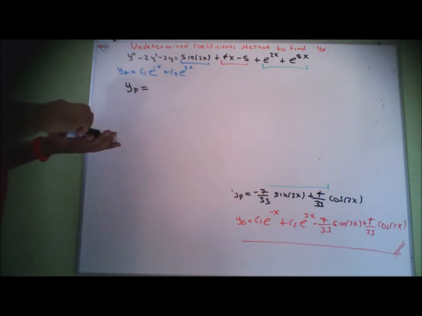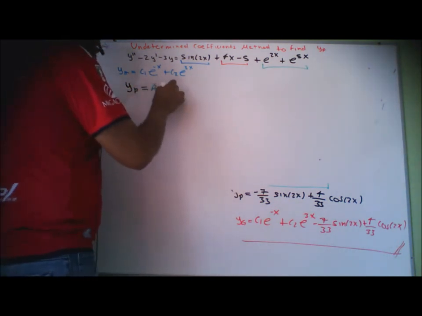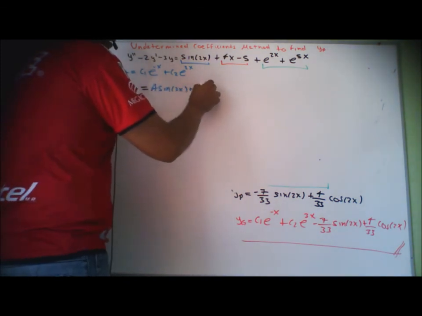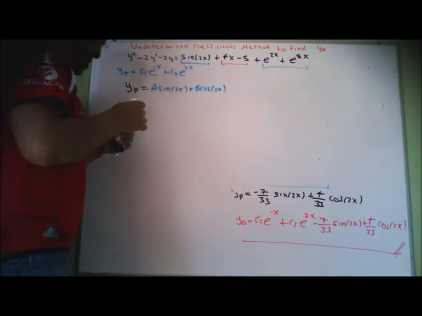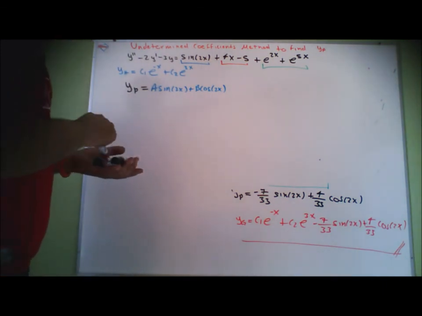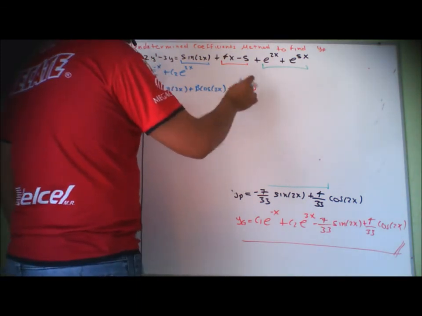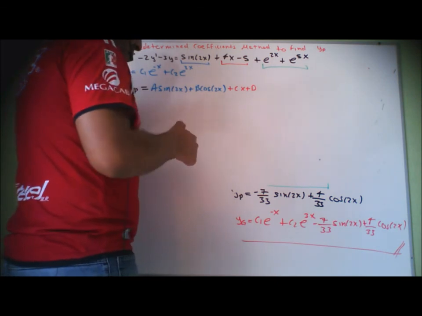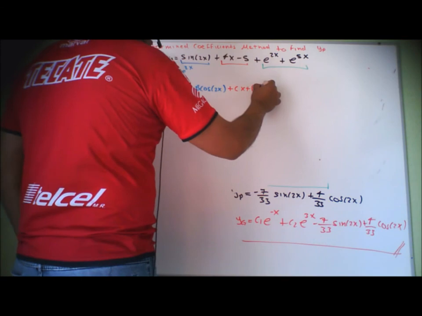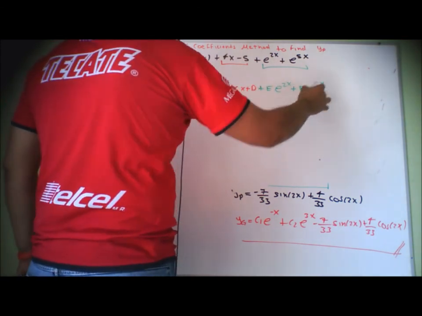For the sine, it will be a sine of 2x, and because you have the sine, you have to write also the cosine, b cosine of 2x. So that is for the sine and cosine. Now for the polynomial, it's going to be cx plus d, that is the polynomial of degree 1, and then you have the exponential, so it's going to be e exponential of 2x plus f exponential of 5x.